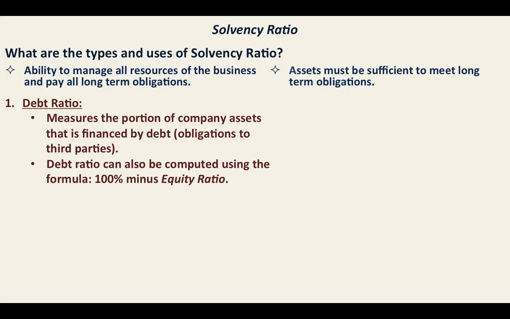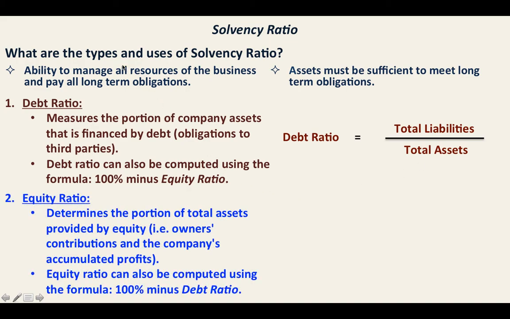So debt ratio can also be computed using the formula 100% minus the equity ratio will give you the debt ratio. So again, class, debt ratio's formula is total liabilities over total assets. And the other type is equity ratio. Equity ratio determines the portion of total assets provided by equity.